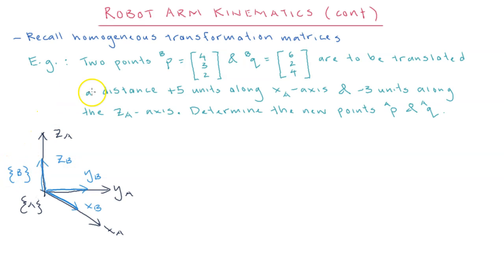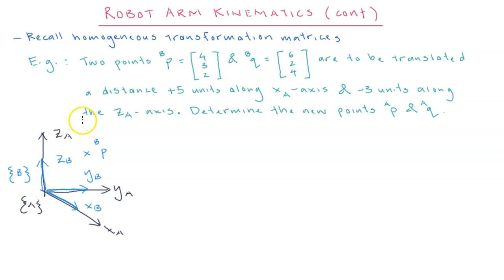And we have points PB and QB, which are affixed on the coordinate frame, which means if we translate or rotate the coordinate frame, the points will rotate or translate accordingly as well. So they are affixed on coordinate frame B, but not on coordinate frame A.